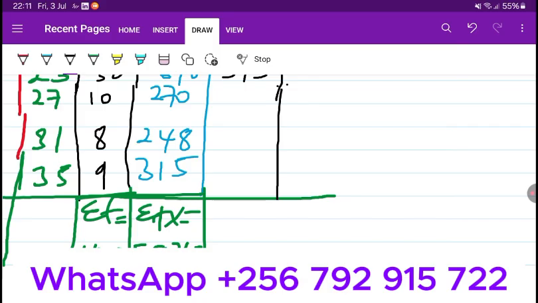So when we add the 10, it is going to give us 383. Then plus the 9, it is 391 plus the 9.